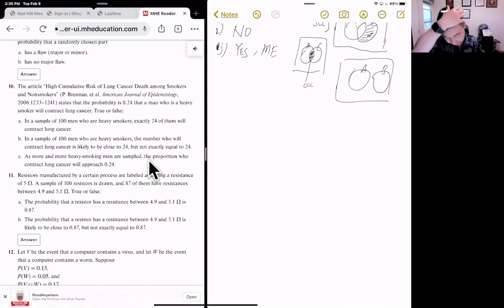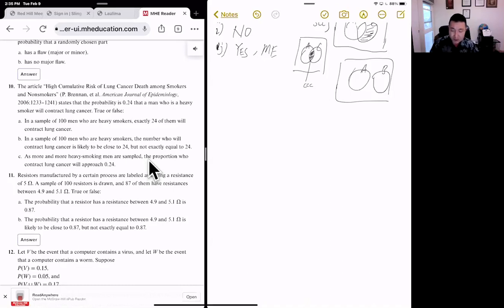This question is about checking our understanding of the correlation between sample and the population. A, in a sample of 100 men who are heavy smokers, exactly 24 of them will contract lung cancer. The question tells us 24% of men who are heavy smokers will contract lung cancer. So this is the information about the whole population.